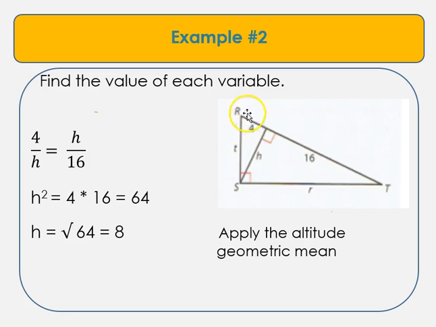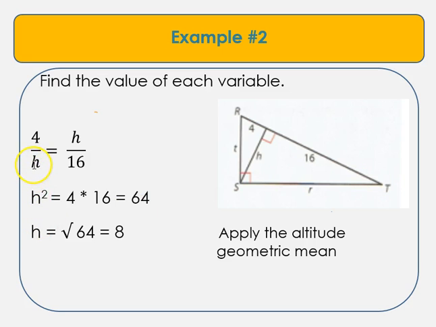So instead of comparing short legs and short legs, we're actually comparing the pieces of the larger triangle's hypotenuse. So 4 is one piece, so it's 4 to h, and then h to the other piece, which is 16.